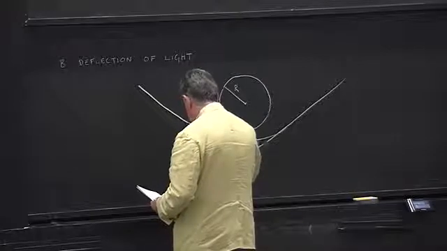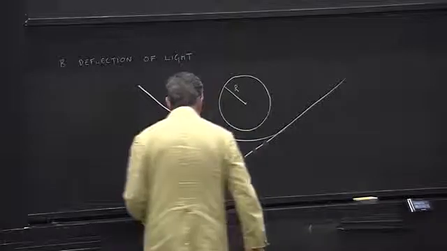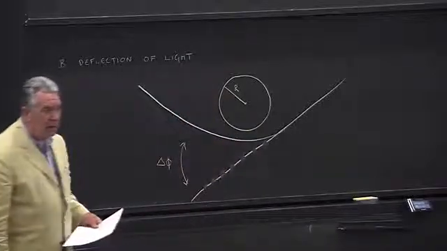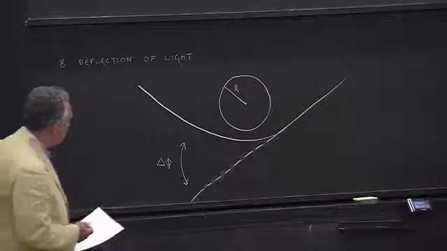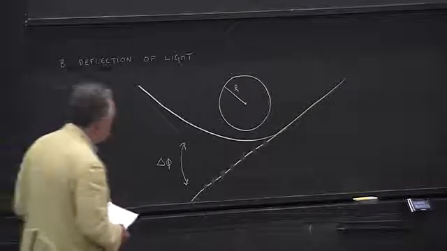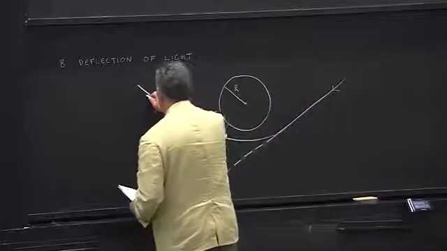And what we're going to calculate and what we're going to measure and compare is the angle by which the light ray is bent. So it comes in from infinity here, goes out to infinity here.